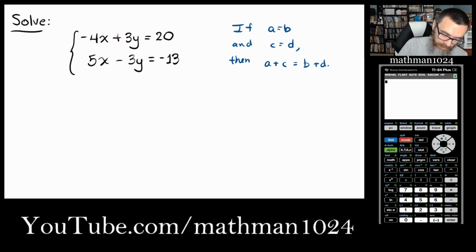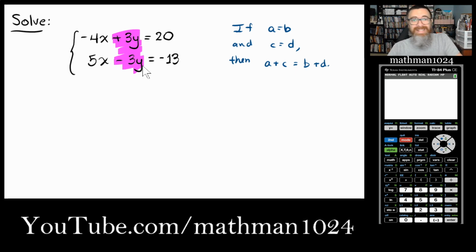Now, if I look here, we have plus 3y and minus 3y. These guys are opposites, which means if I combine everything that's on the left side, these y terms are going to go away, and I'm left with just x. And on the right side, I've got 20 minus 13, and I get 7. So right there, I've already got half of my answer, x equals 7.